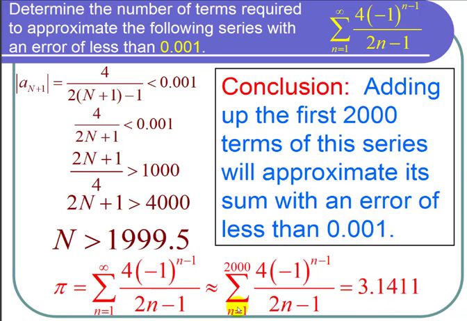That was, again, taking n equals 1 to 2,000 instead of n equals 1 to infinity. Note, by the way, whether you remember or not, pi up to 4 decimal places is 3.1416. So this approximation is very, very close to pi.